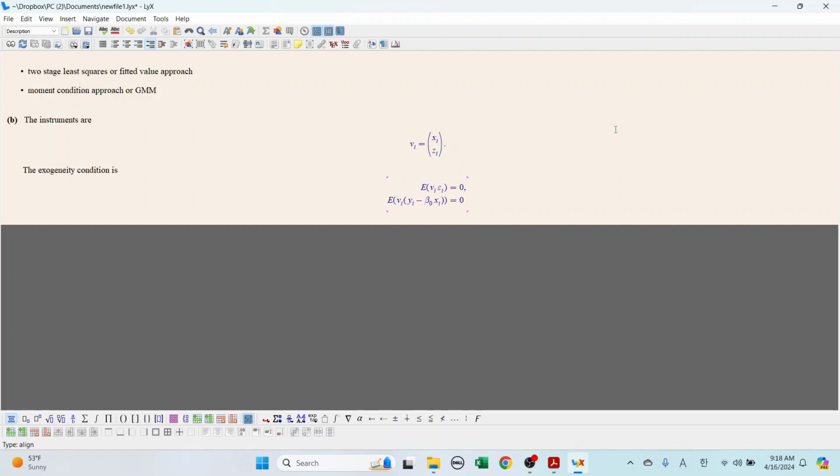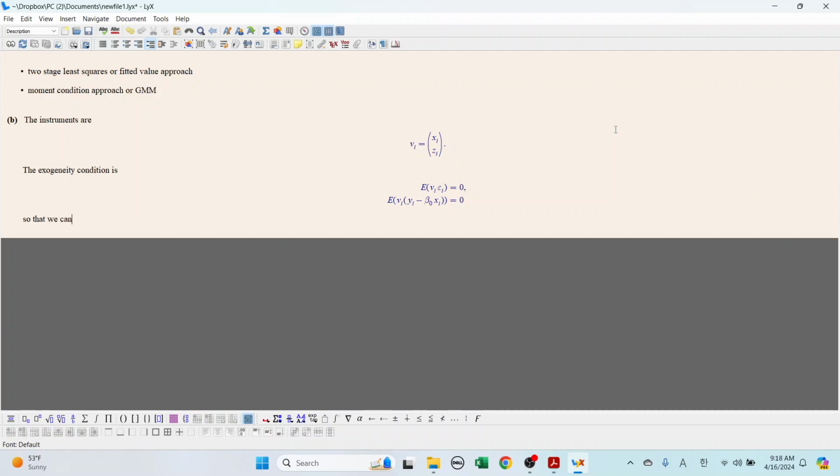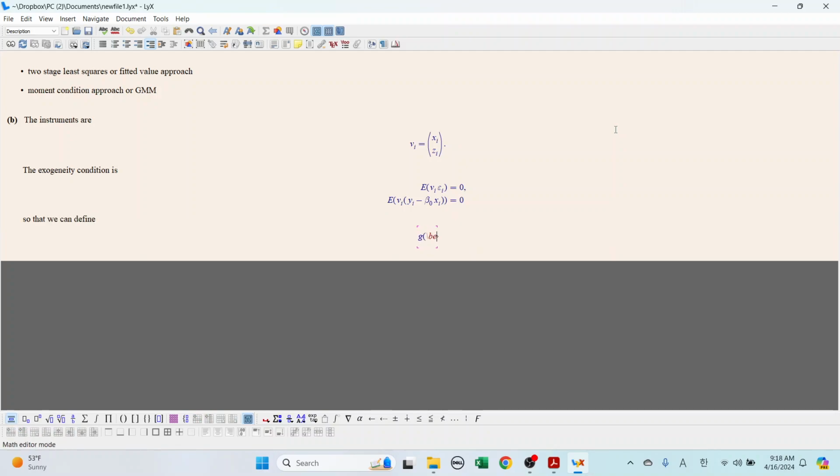So we want to define a moment function gi as this, right? The moment function is the instrument times epsilon, but remember this is a 2 by 1 vector. This is the moment function.